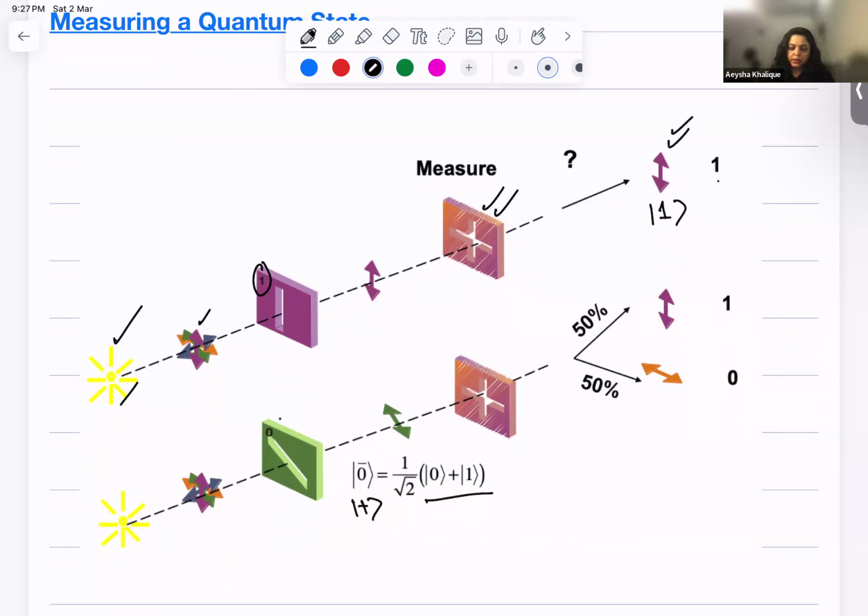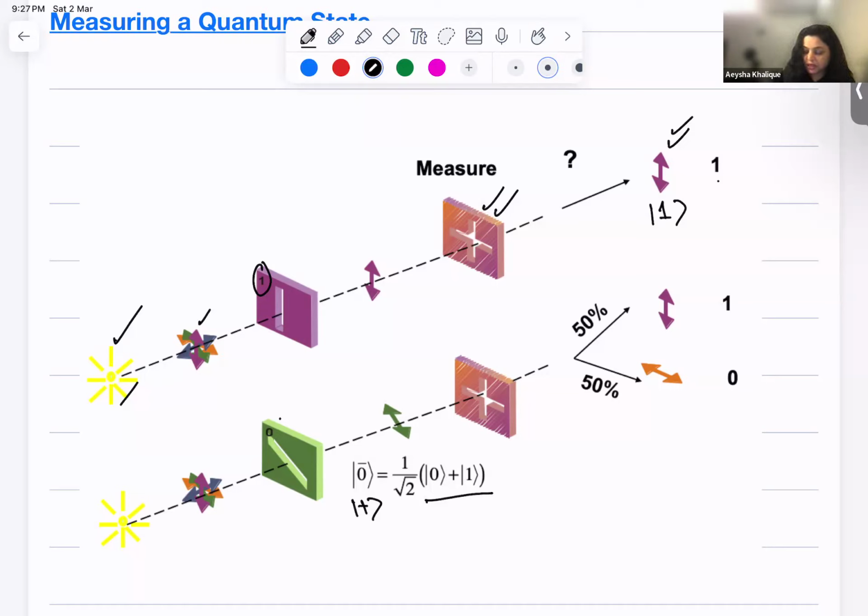As we talked about earlier, if you try to measure a quantum state in the horizontal-vertical basis which is in a superposition state, there is a probability of alpha modulus square to get it in the state 0 and beta modulus square to get it in the state 1. For this state, alpha modulus square is half, which means 50%, and beta modulus square is again half, which is 50%.